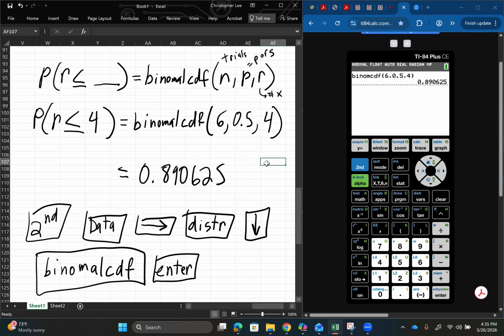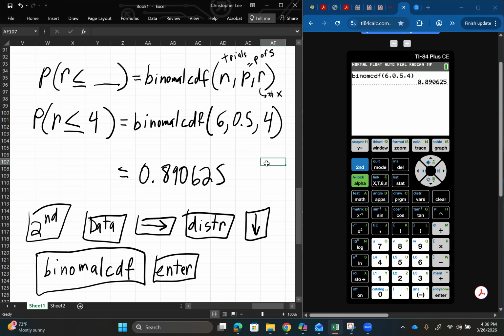Then you have to press enter, and then you move to the next one. So 1, 5, and then 4, and then just enter again. Do I always need to put parentheses? No, just put the numbers in. That's it, and then enter.